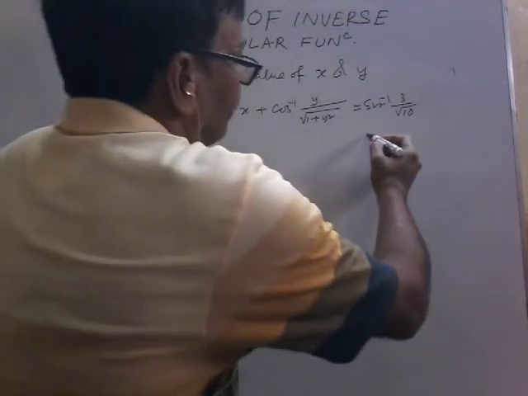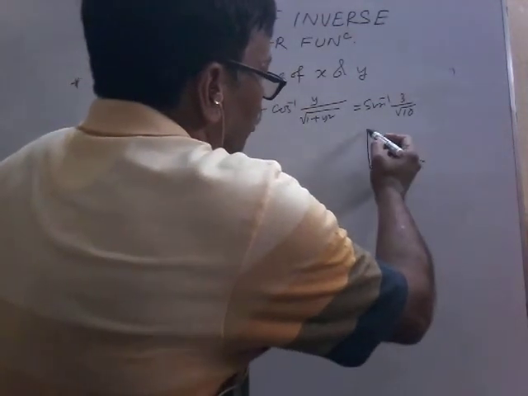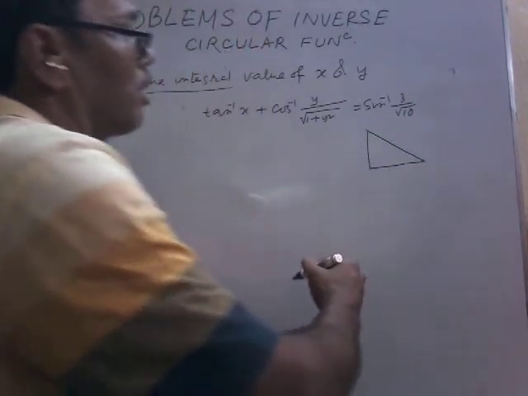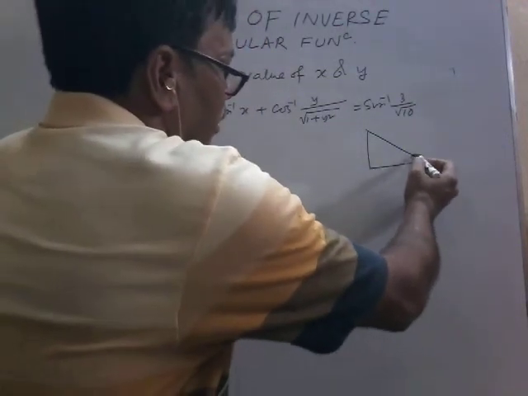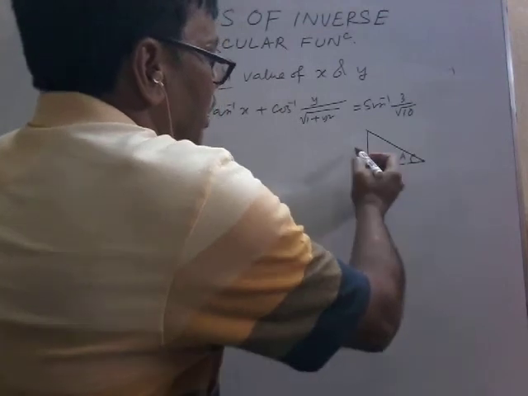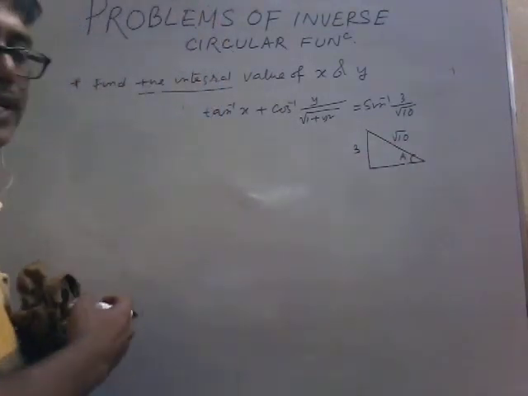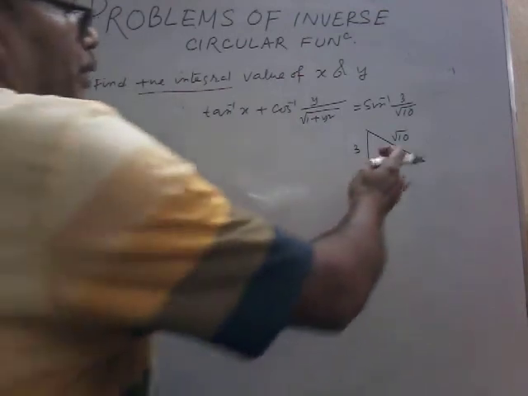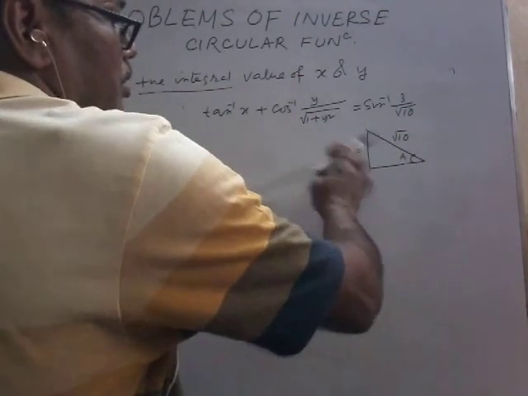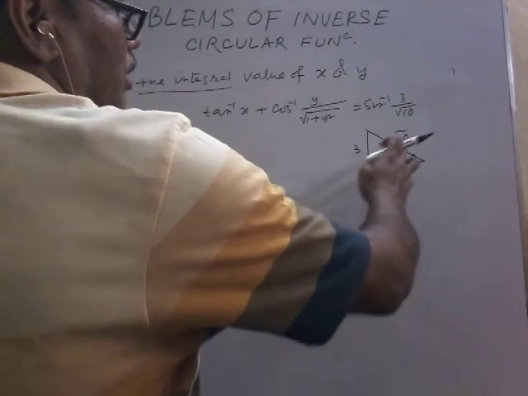Now look, we want to convert sin inverse in terms of tan. So if this is a, this is 3, this is root 10. This is root 10, the hypotenuse, this is the perpendicular.